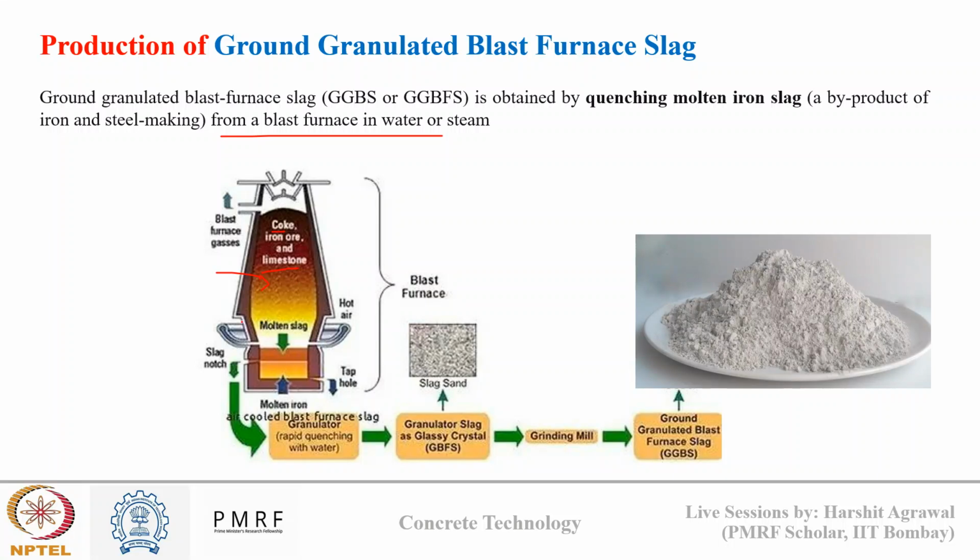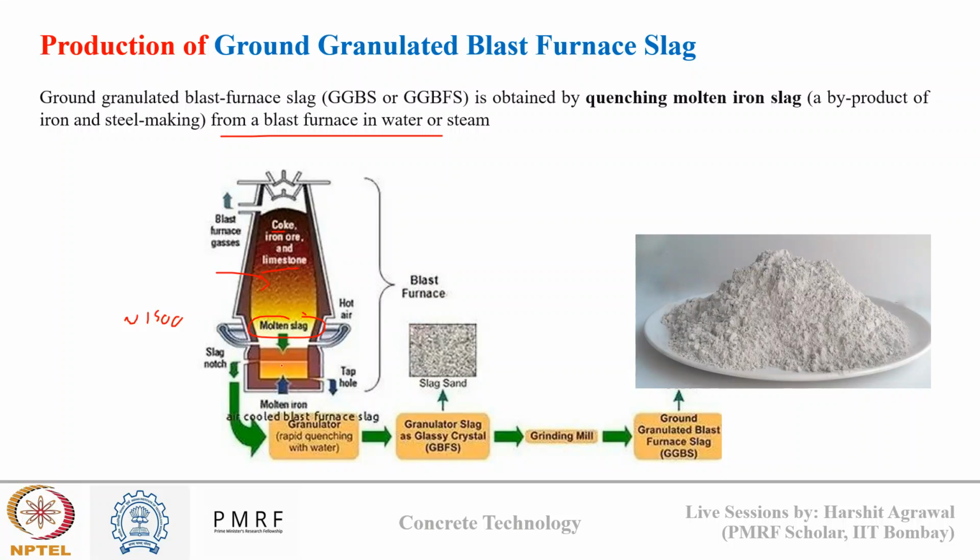So at high temperature of around 1500 degrees Celsius, when we burn iron ore, coke and limestone, what happens, iron ore, it is reduced into molten iron. Okay, and the impurities that are present in the iron forms a molten slag, which floats at the top of the molten iron.